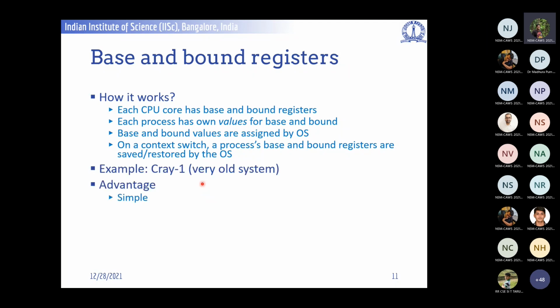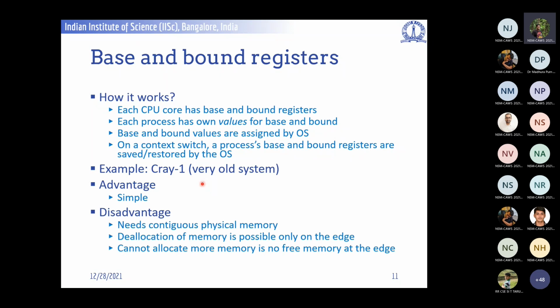So this is not used currently, but very old systems like the Cray-1 used something like this, one of the early commercial systems with virtual memory. Of course, it has a lot of disadvantages that are obvious. You have one contiguous chunk of memory that you can allocate.